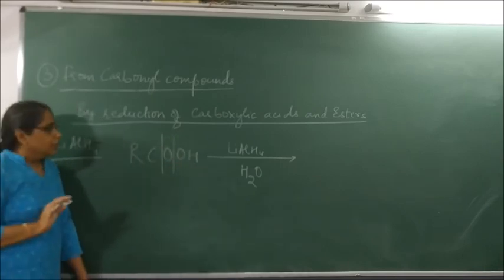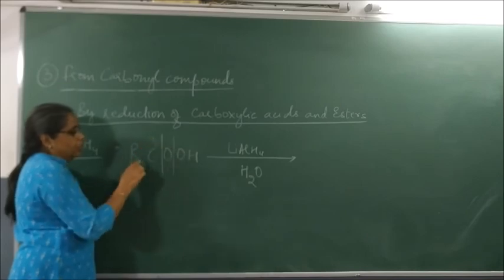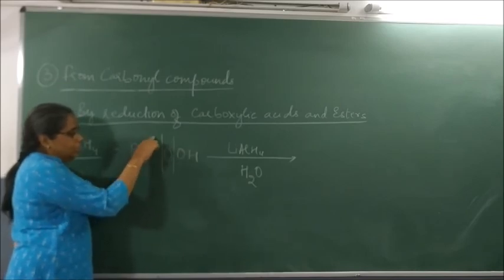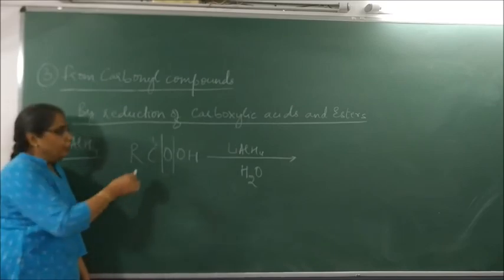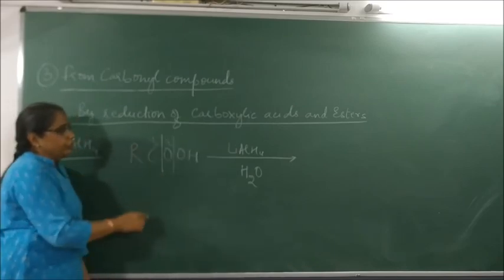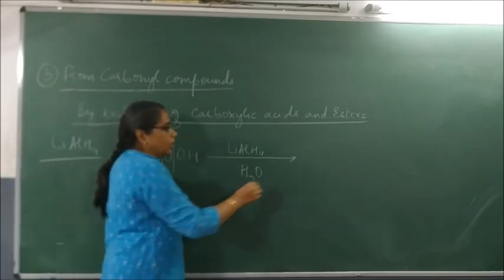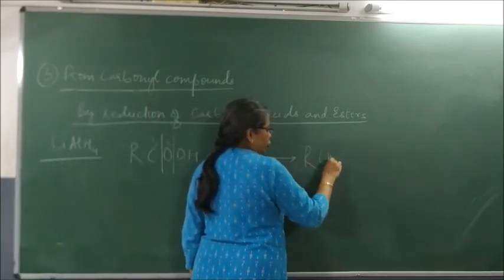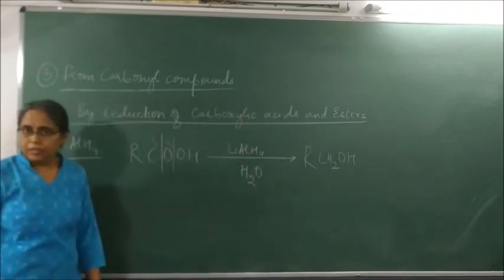You will add an H here, so you will have an H2 here. So you will get RCH2OH. Just write how it is given in the textbook.